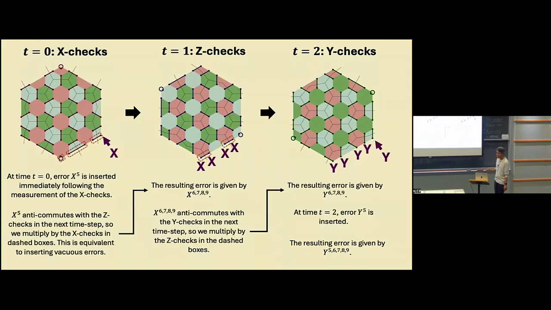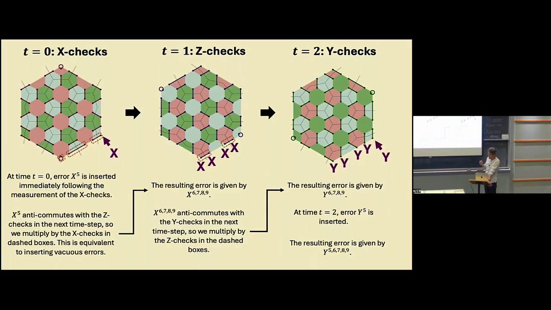Then, using vacuous errors, the measurement operators at that moment, you can deform that X operator into the weight 4 operator like that. It was completely benign, but why did we do that? That's because we want the error to be commuting with all the subsequent measurement, the ZZ checks.